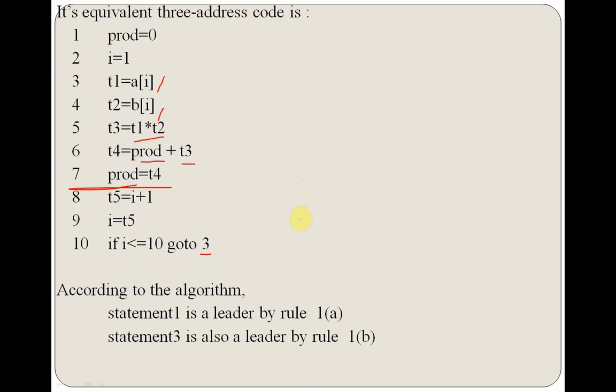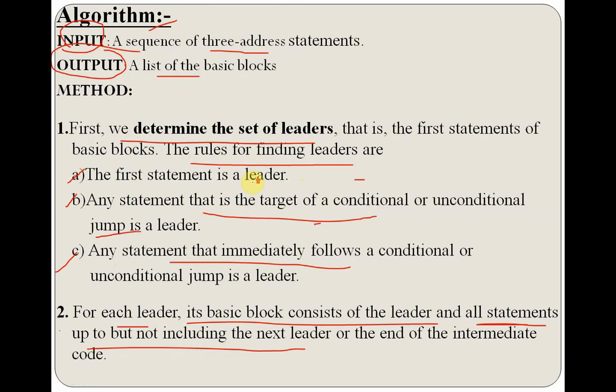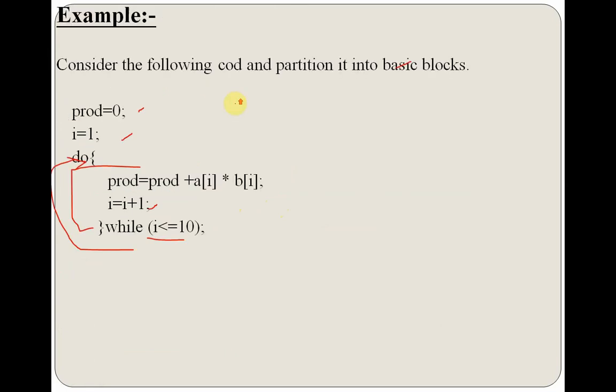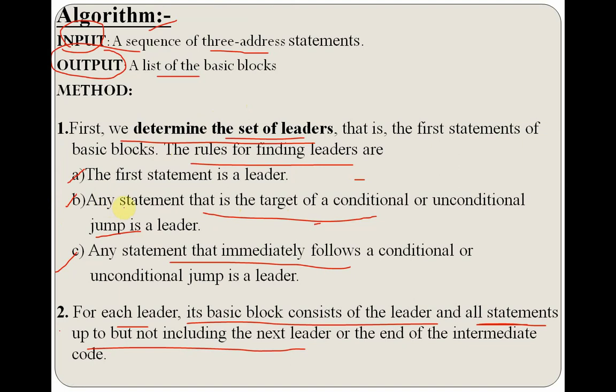Next, how to convert this three address code into basic blocks is the main point here. So try to identify leader statements. The first step is to determine the set of leader statements. What is the first rule? Rule 1a: the first statement is a leader. So in this three address code, the first statement becomes the leader. Next, the second rule: any statement that is the target of a conditional or unconditional jump is a leader statement.